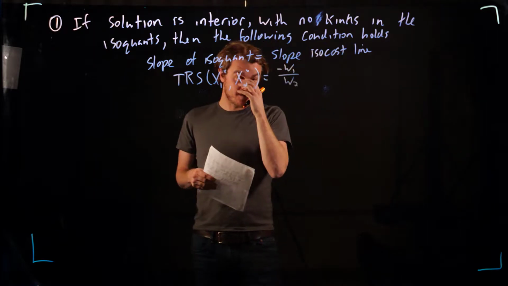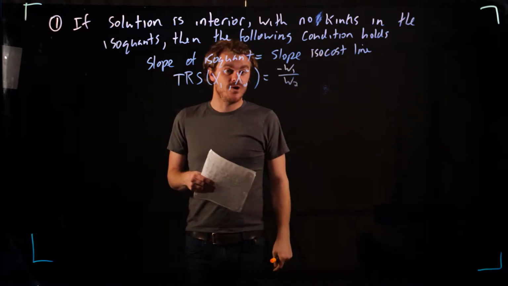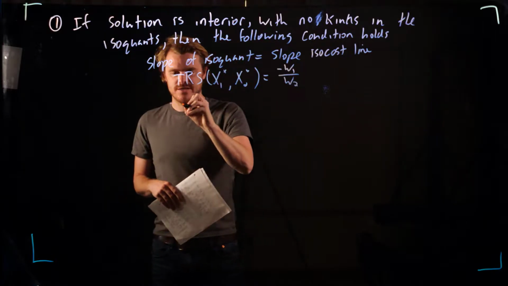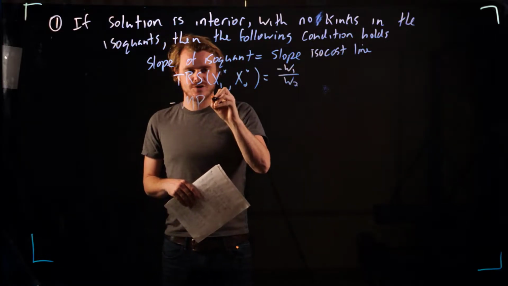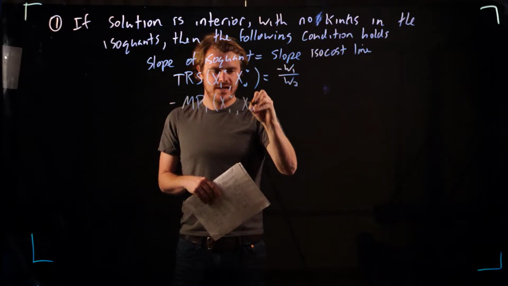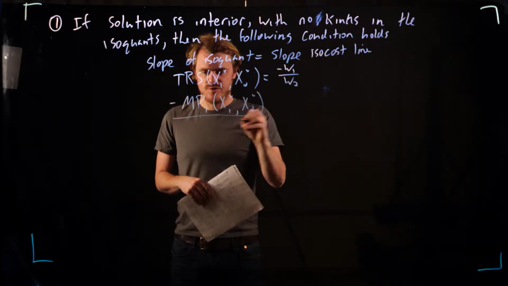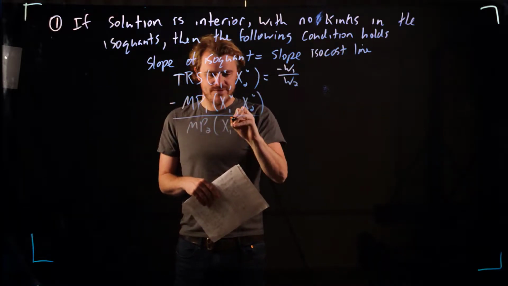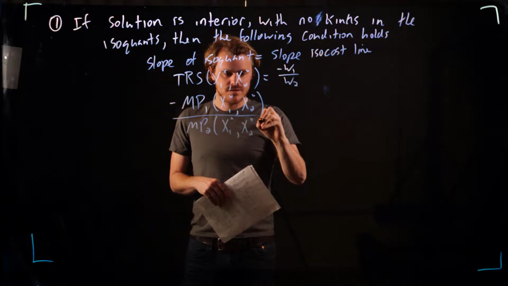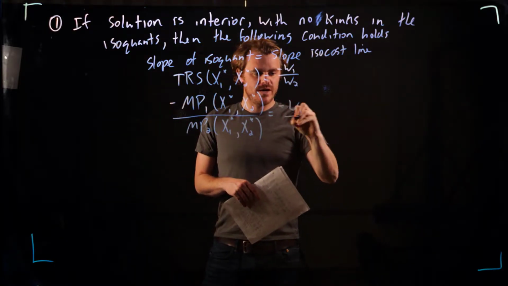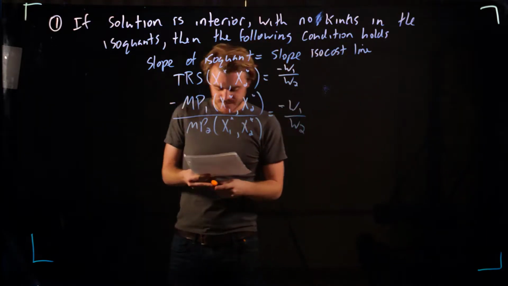The slope of the isocost line is negative W1 over W2. Remember, the technical rate of substitution is the minus of the marginal product of input 1 at the optimal amount of input 1 over the marginal product of input 2 at their optimal amounts, and that equals negative W1 over W2.